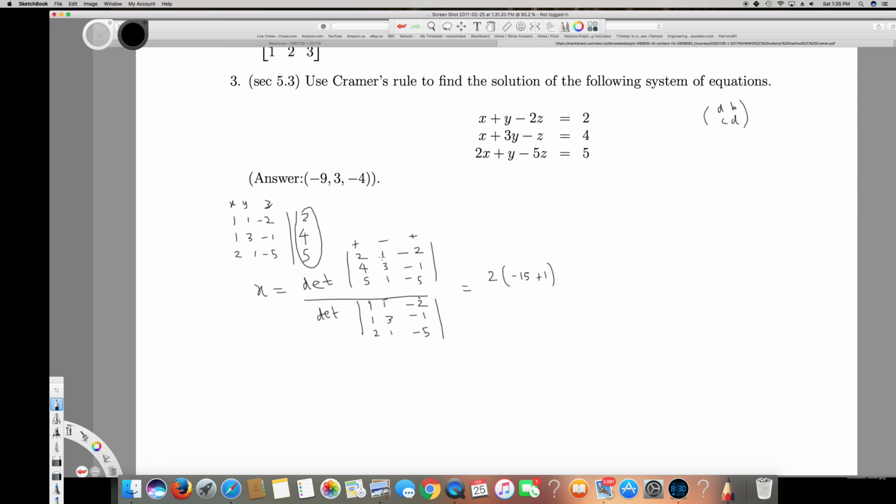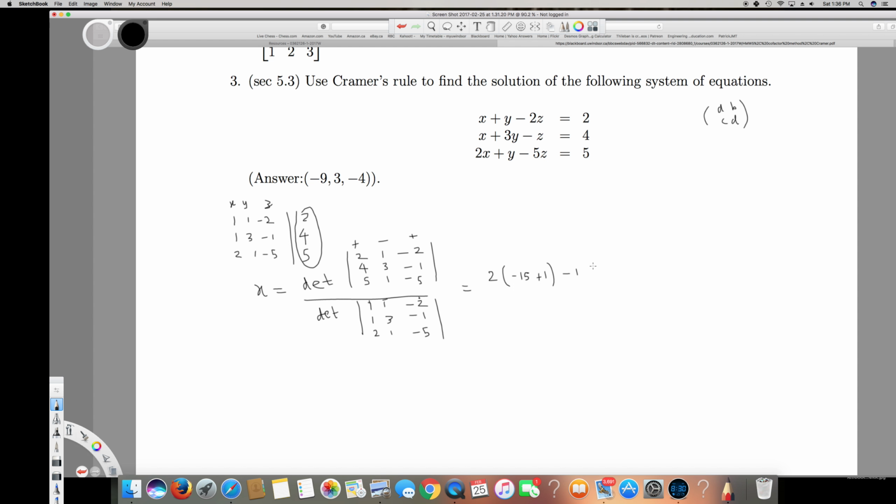When we take the second one, I have to put a minus sign in front of this, because it's plus, minus, plus. If it's 4 by 4, we put plus, minus, plus, minus. It will keep going on as long as the row and column increase. So that's how we do it.